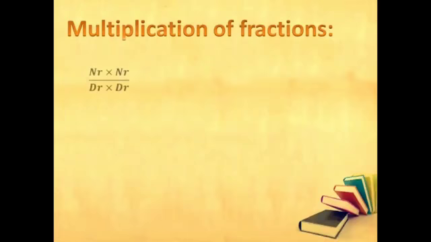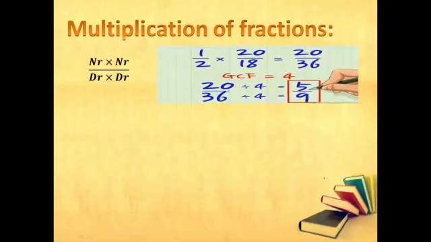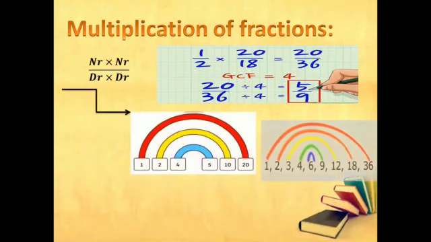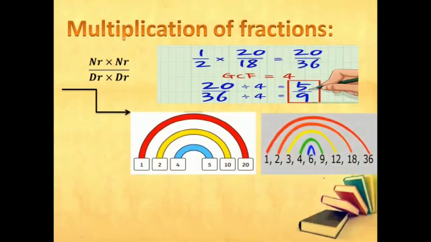While multiplying fractions, you have to remember that you multiply numerator with numerator and denominator with denominator. After multiplication, you can use the cancellation method by taking the highest common factor of both terms. Like, 20 has how many factors, 30 has how many factors, you can check, but always take the highest common factor.